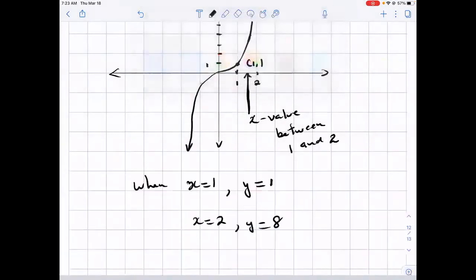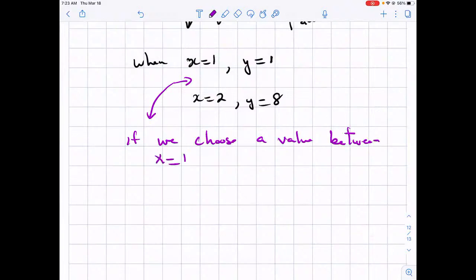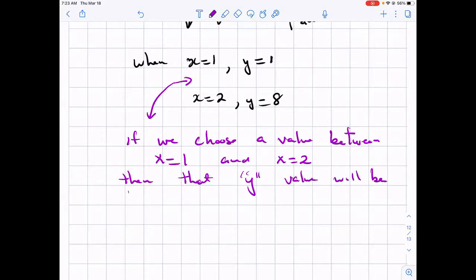So if we choose a value between x equals 1 and x equals 2, then that y value will be between y equals 1 and y equals 8.